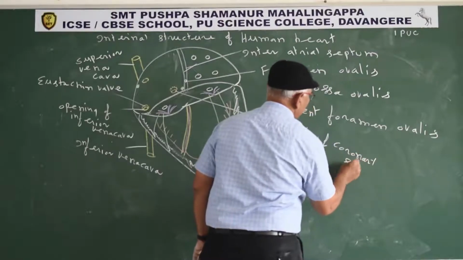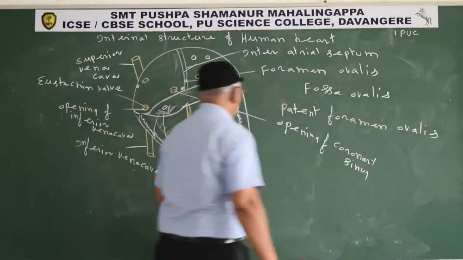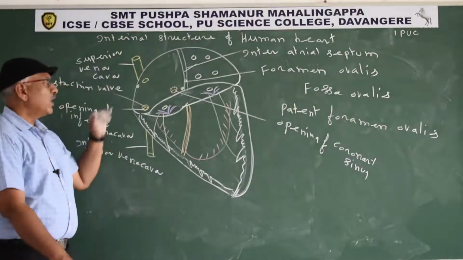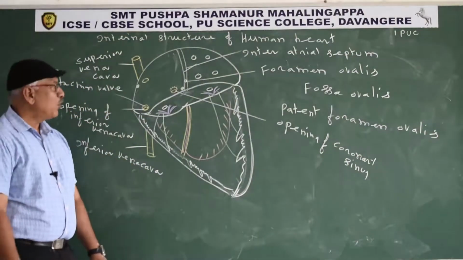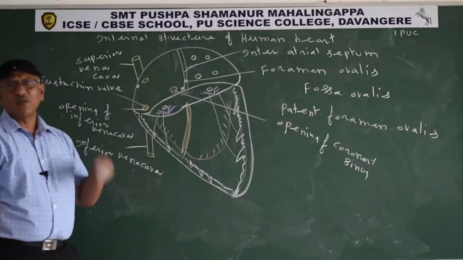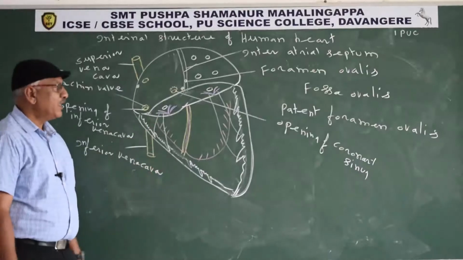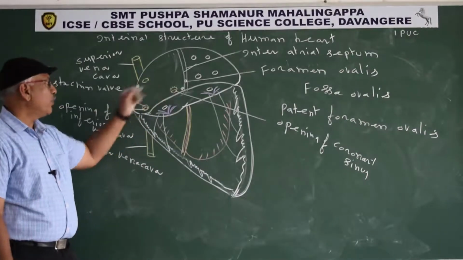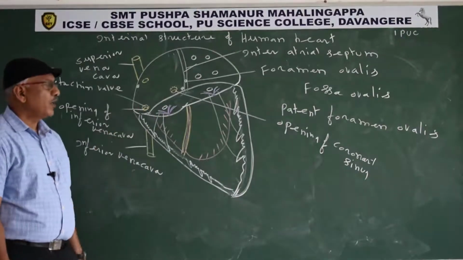The opening of the coronary sinus. 4 coronary veins collect deoxygenated blood from the wall of the heart and pour it into a cavity present in the wall of the heart. That cavity is known as the coronary sinus. The coronary sinus opens into the right atrium through an aperture.